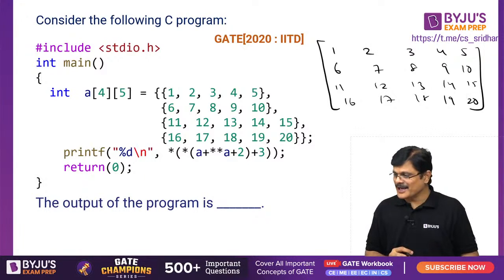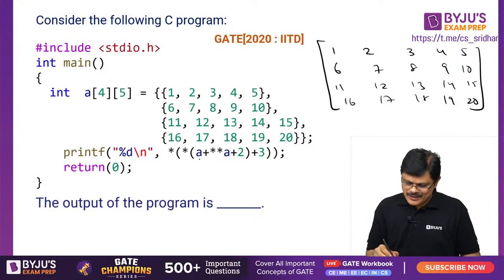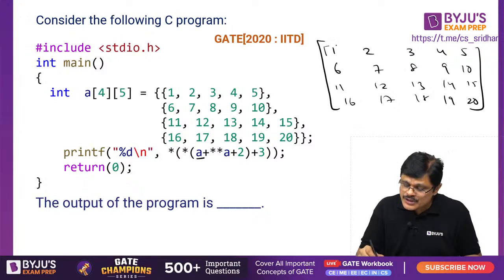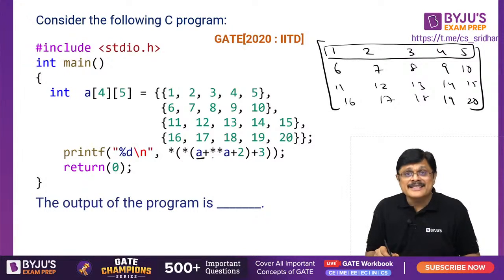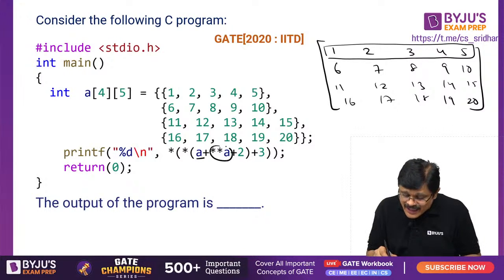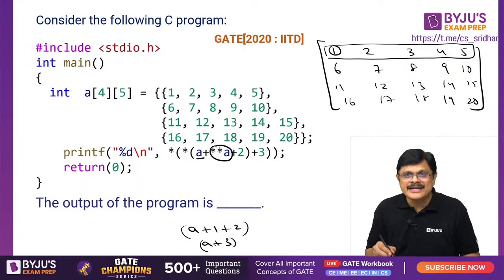People are already giving the answer super fast. So A means what, sir? It is a pointer to the 0th 1D array. Star A means this value, 1. So for A you are adding 1 plus 2, which means it is actually A plus 3.